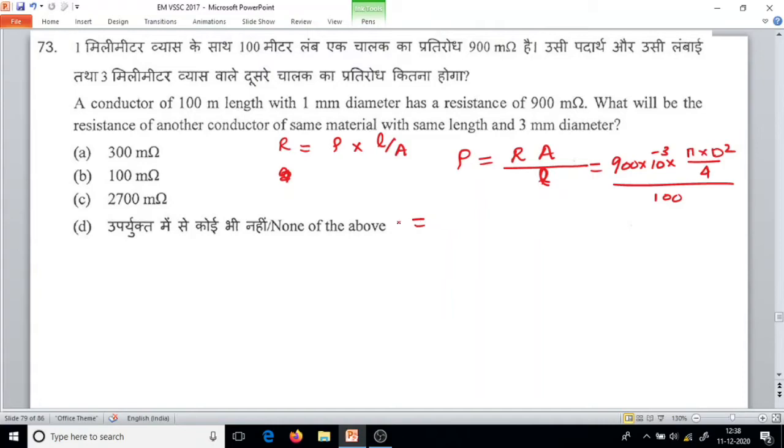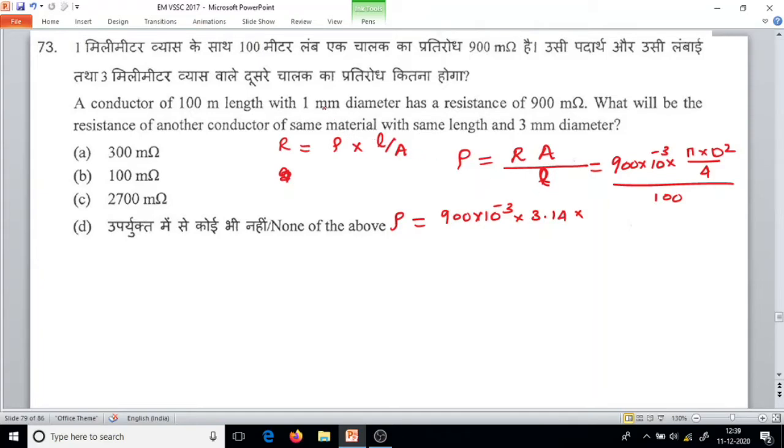So rho equals 900 multiplied by 10 to the power minus 3, multiplied by 3.14 multiplied by d squared. What is the 1 mm diameter he told?